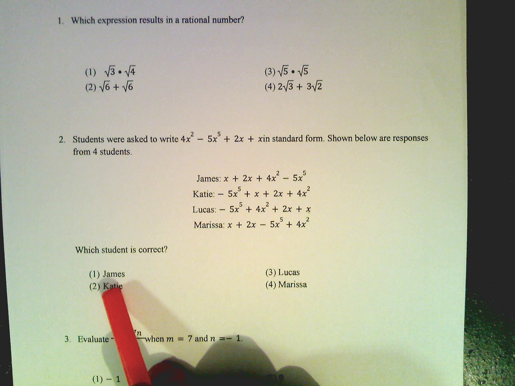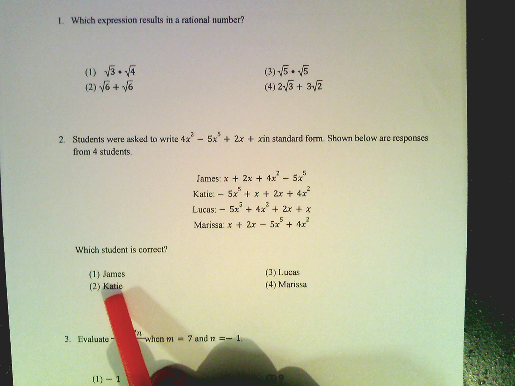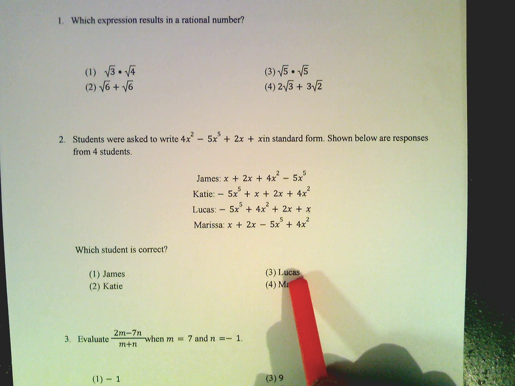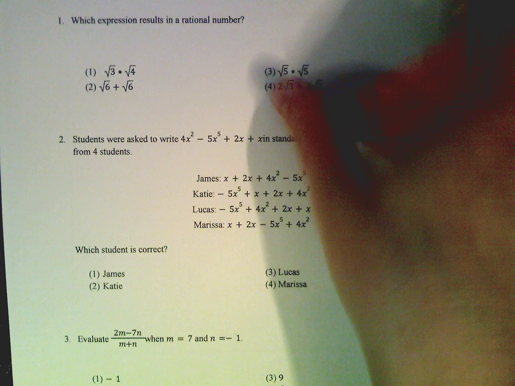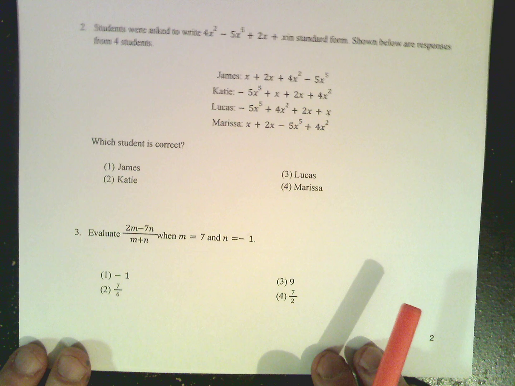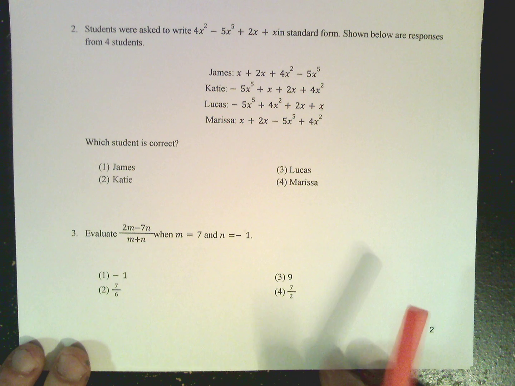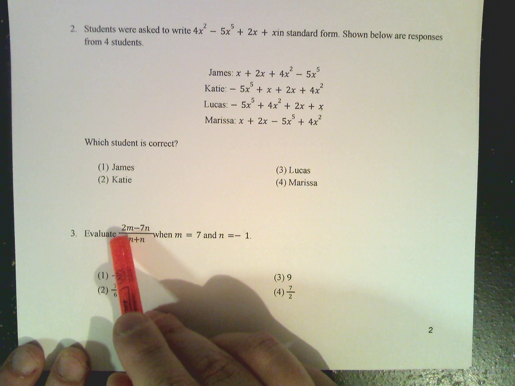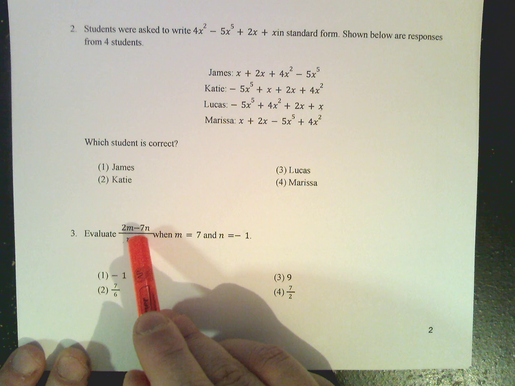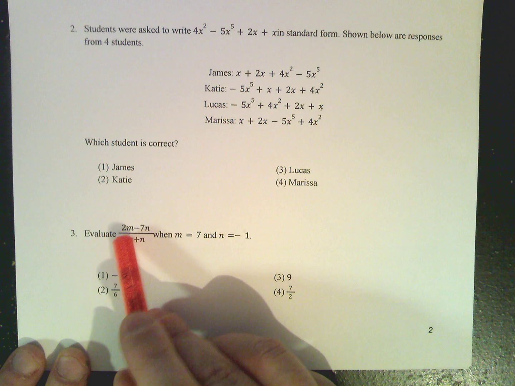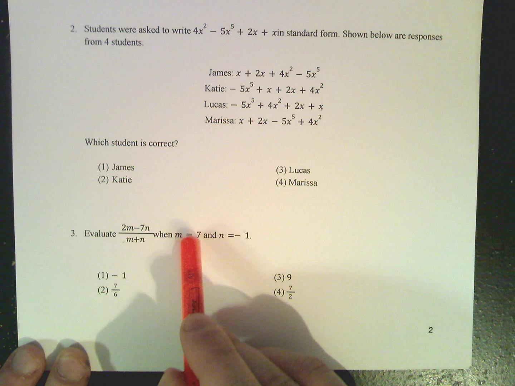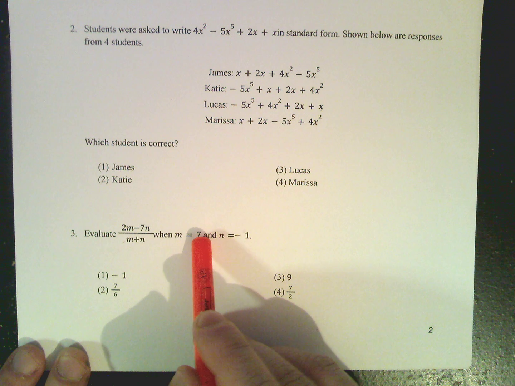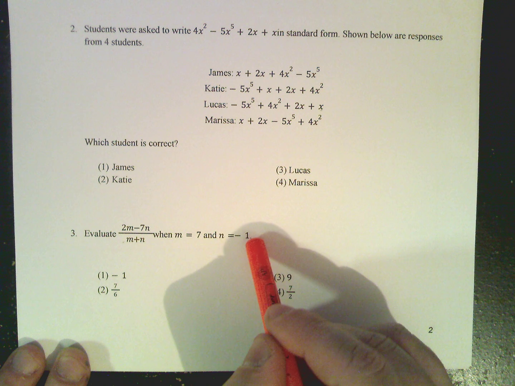1, James. 2, Katie. 3, Lucas. Or 4, Marissa. Next one. Question number 3. It says evaluate 2m minus 7n divided by m plus n when m equals 7 and n equals negative 1.